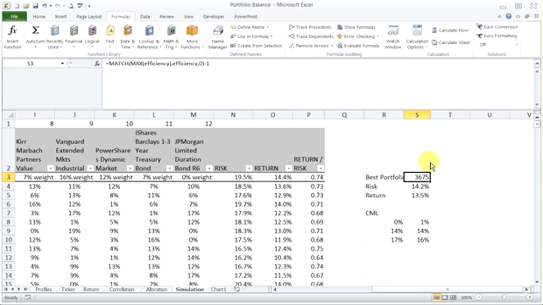So that should be the tangent line. And the capital market line, just make a little linear graph here, or actually, I prefer to use a fit line from a scatter plot. So you need some x coordinates and some y coordinates.